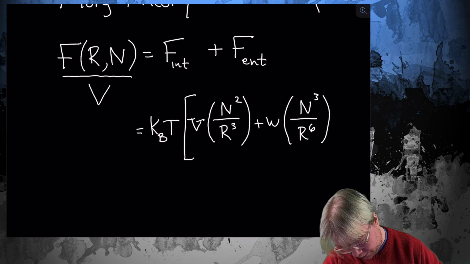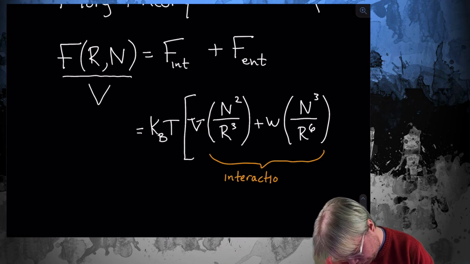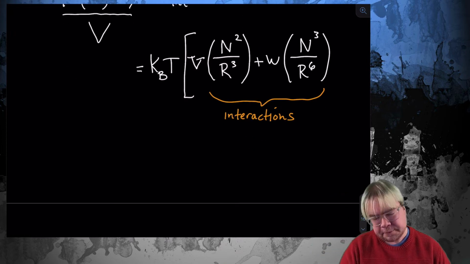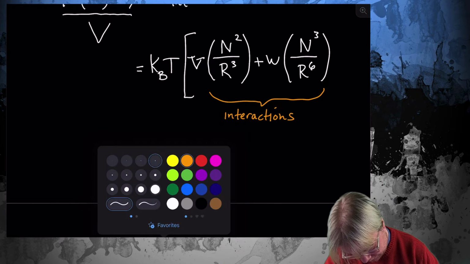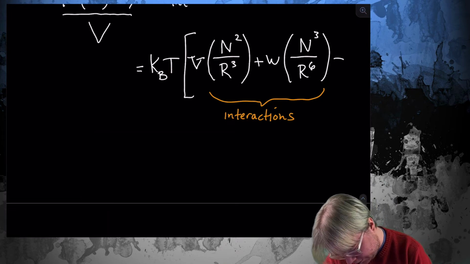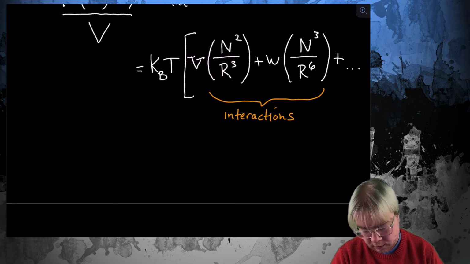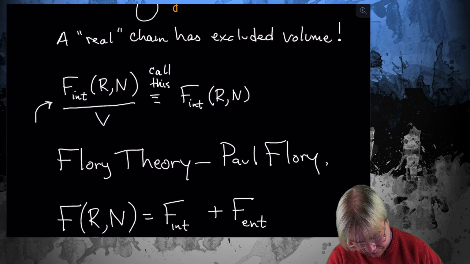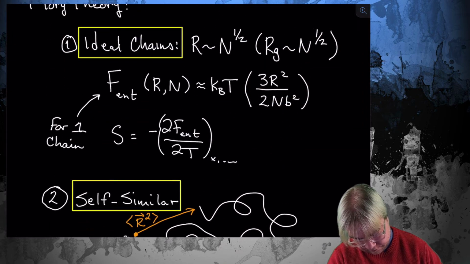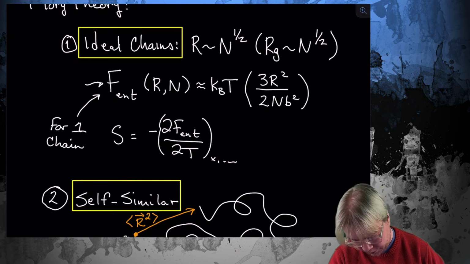So this part here is due to interactions. Now we have to add the entropic term, and that's pretty easy. I should say there are higher order terms here that we're not going to mess with. But added to the interaction term will be this thing up here, the free energy due to entropy.